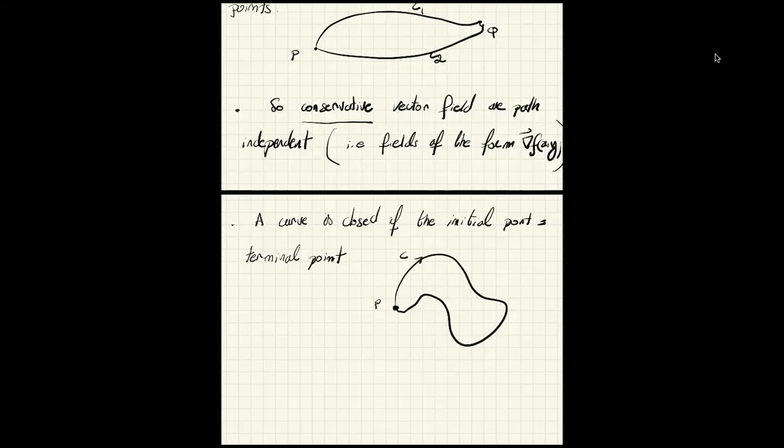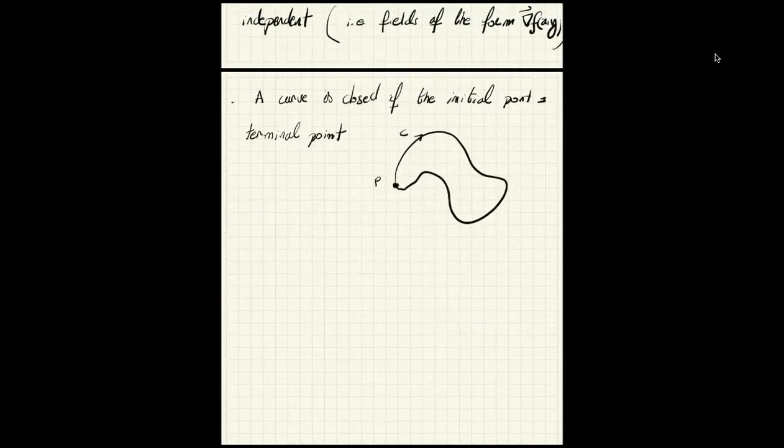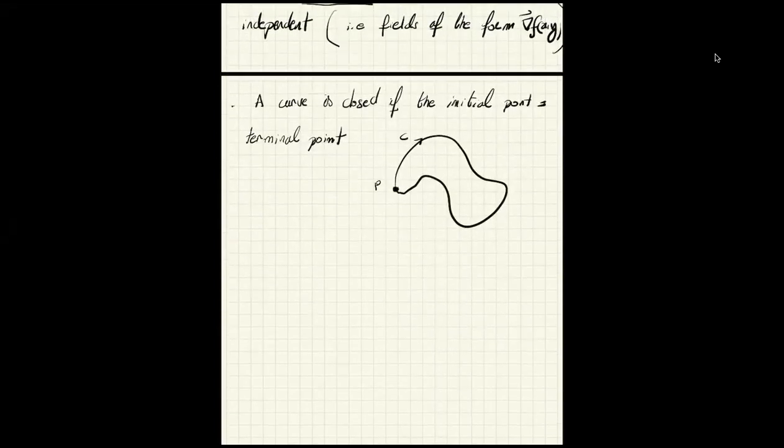The result is this. If I have a vector field, this is path independent.